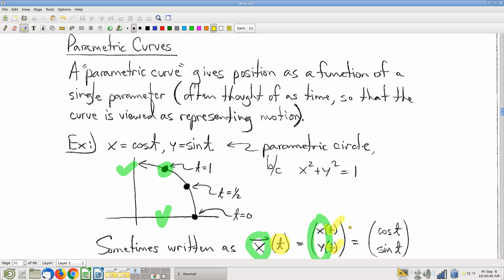Now, I want to call your attention to one thing. These pictures that we draw here, these curves, these are not graphs. We're going to spend some time very soon talking about specifically what is a graph and what's not a graph. But let me just remind you, if you graph a function, the way it's done in the Calc 1 class, for example, you put the input variable on the horizontal axis and the output variable on the vertical axis.